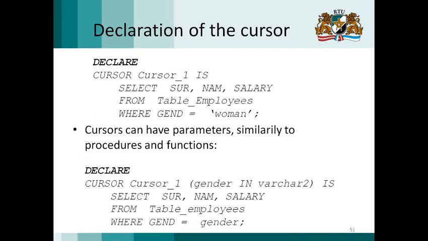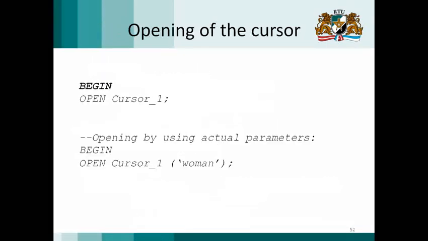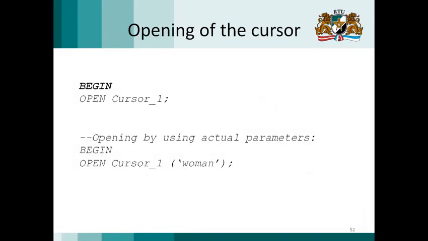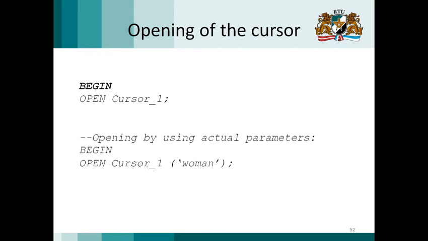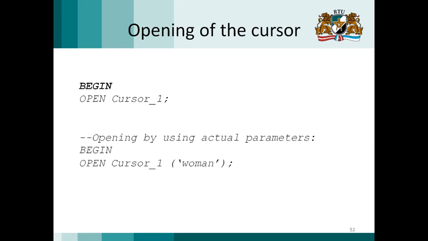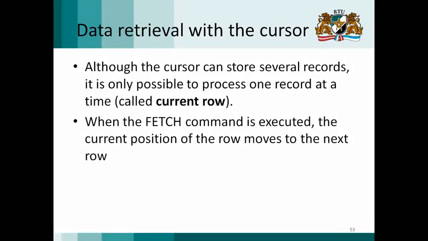So this is what parameters are all about. After that, when we have declared the cursor, in the begin part, we just open this cursor. We just write open cursor 1. And if we are using some parameters for this cursor, we open this cursor by denoting these parameters. In this case, it might be a woman.